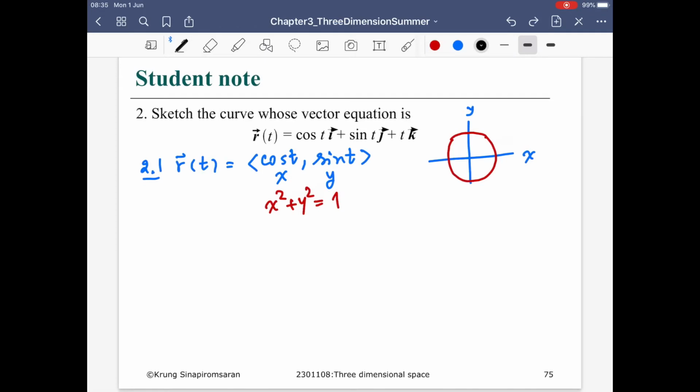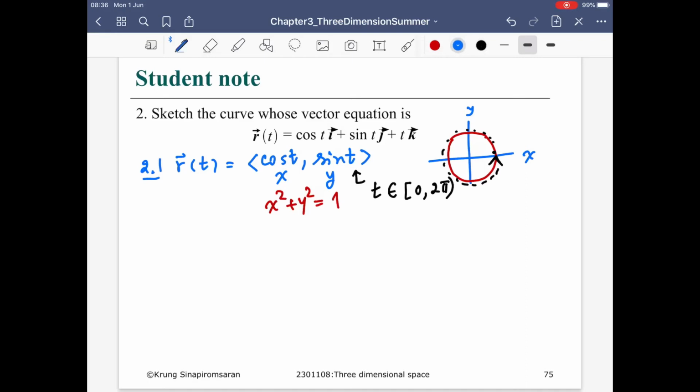Of course, you need to say that your t can be in 0 to 2 pi. So it will be a complete circle, right? Starting from here and then just going this way until you reach this point.